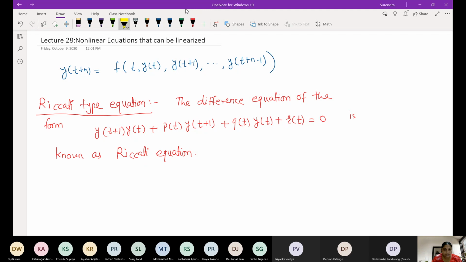Whether this equation, whatever I have written, it is a difference equation, is it linear or non-linear? Can anybody reply? Linear. This is linear.